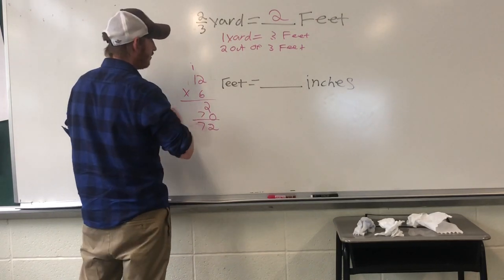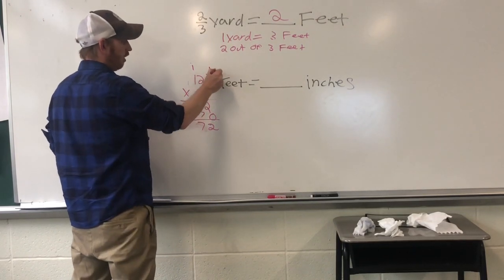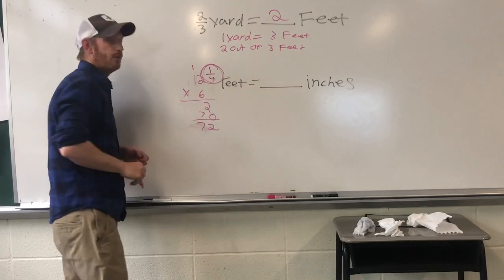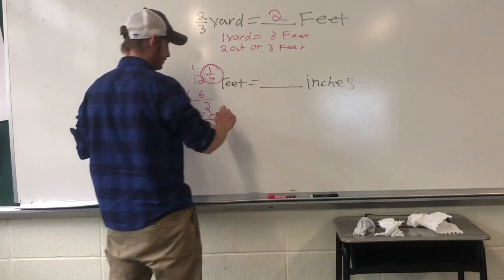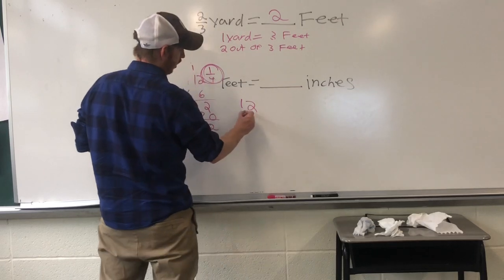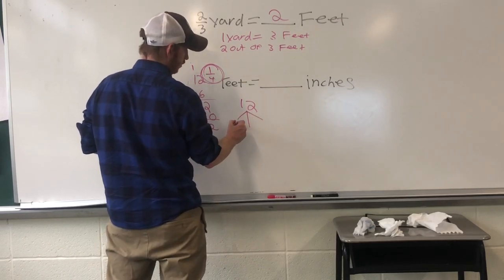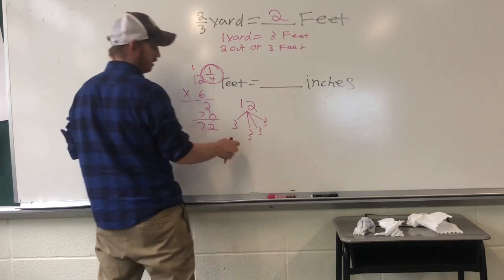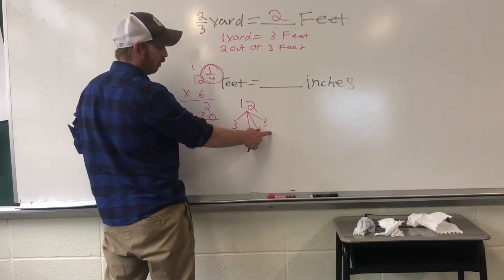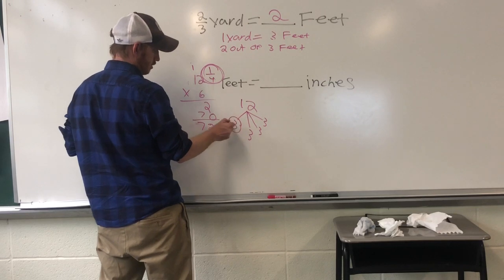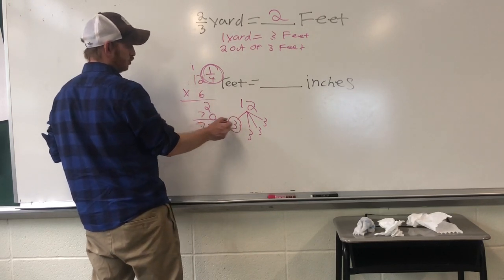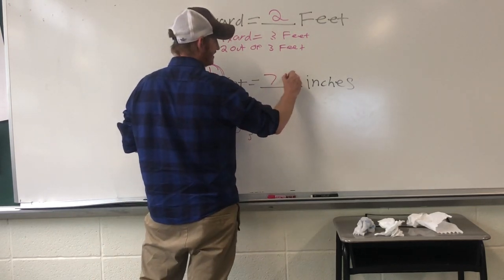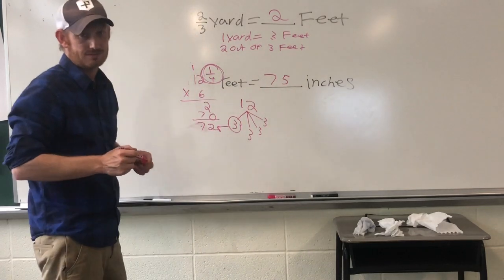And then we still have that 1/4 remaining. And 1/4, if we break 12 out, would be 3, 6, 9, 12. So 72 plus 3, 75 inches.